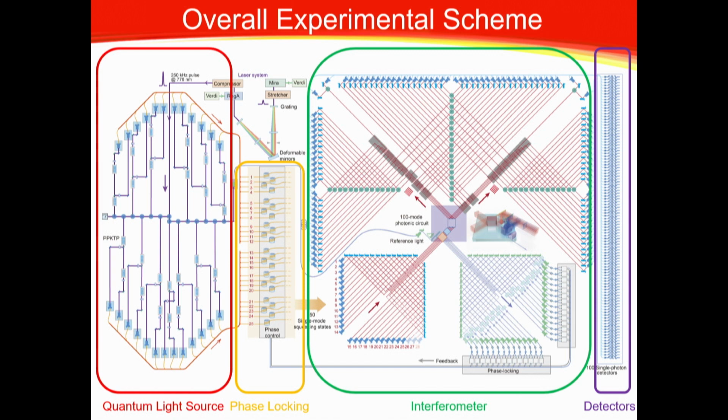This is done at 1/100 lambda precision, with all-optical active feedback phase locking, and all these photons are input into the interferometer, which is I guess the largest in the world, and it has very good mode overlap and interference, and it's a big job. And after all, we detect all these single photons with superconducting nanowire single photon detectors, 100 such devices with an average quantum efficiency of 90%.